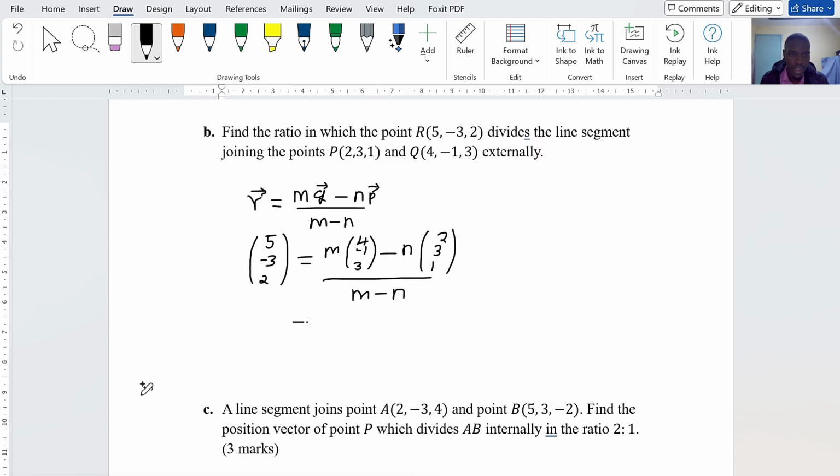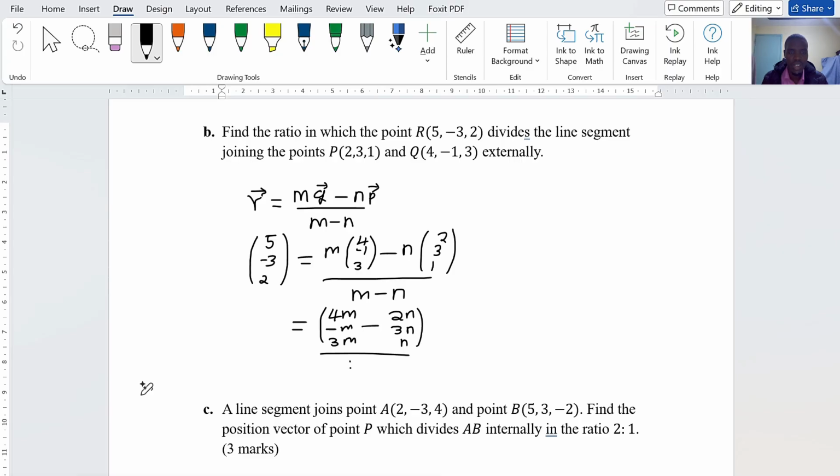So when we simplify this, we multiply across by m and n. On the top part, we'll have 4m, then negative m, then 3m, then minus 2n, then 3n, then n, and just multiply across by that.